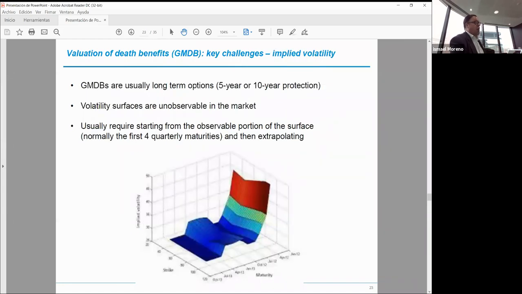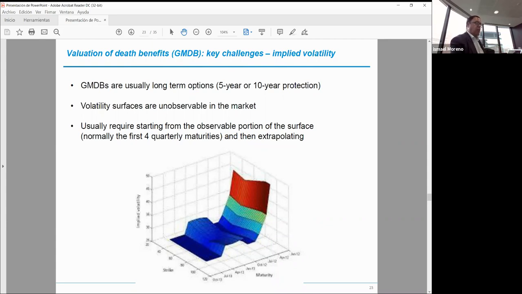Okay, GMDBs are usually long-term options. This is the implied volatility problem. If you want to value an option, as you know, there's a thing called the implied volatility factor that you will need to go outside, look at the market, and see how options on those underlying assets are trading. That's your implied volatility, and then you use it as an input into your own valuation model.